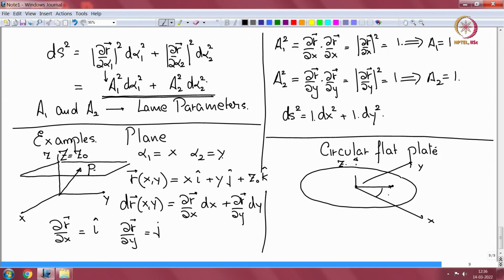Let us say I measure theta here and I measure r here, the radius. So the vectorial description in terms of radius and theta is given by r cos theta i plus r sin theta j plus of course 0 k. So this is my E1, this is my E2, this is my E3.